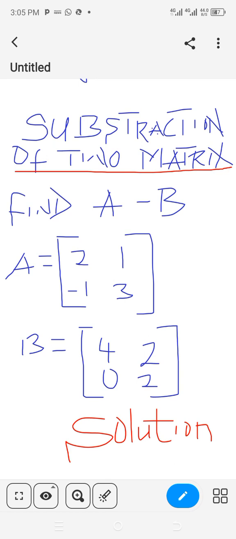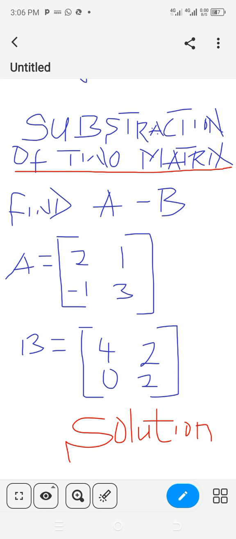Both matrix A and matrix B are 2 by 2 matrices, also known as square matrices, because they have the same number of rows and the same number of columns. So now let's proceed to solve the problem at hand.